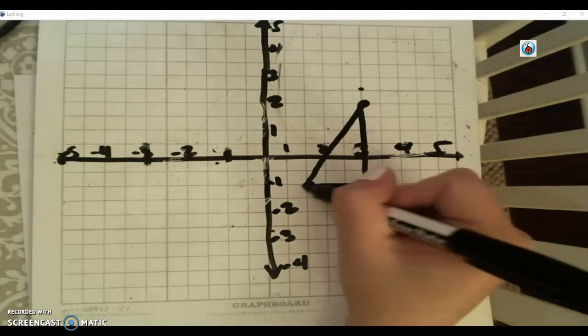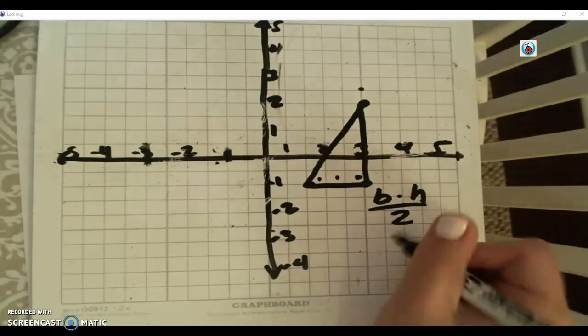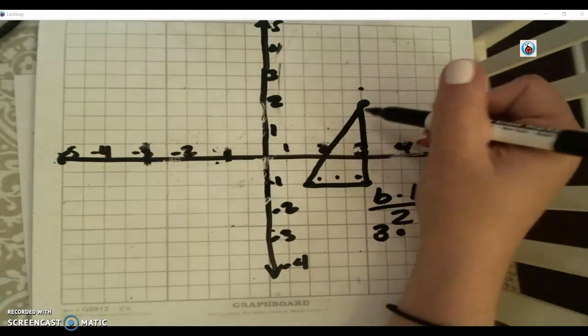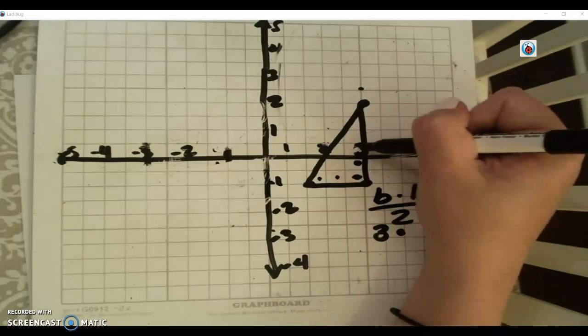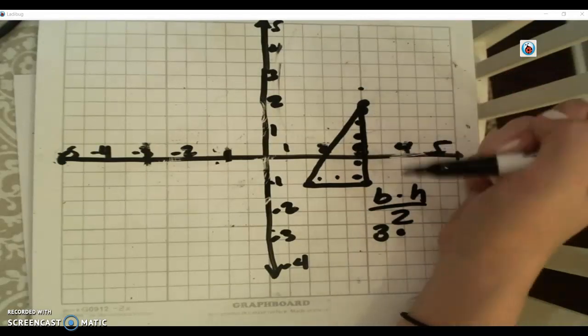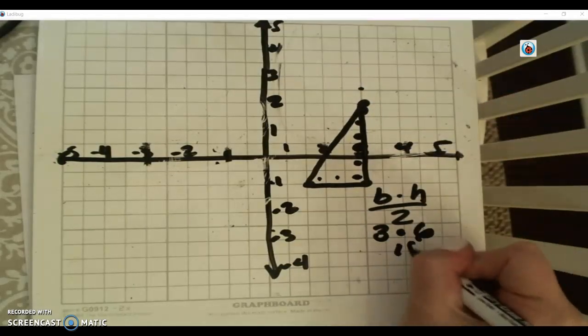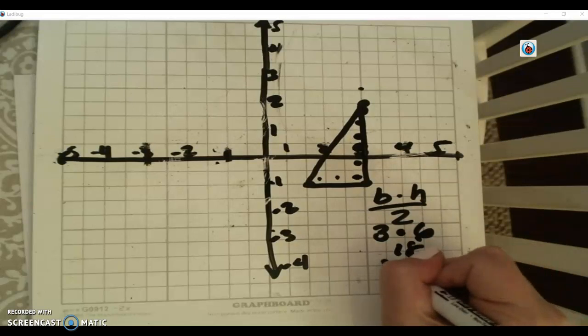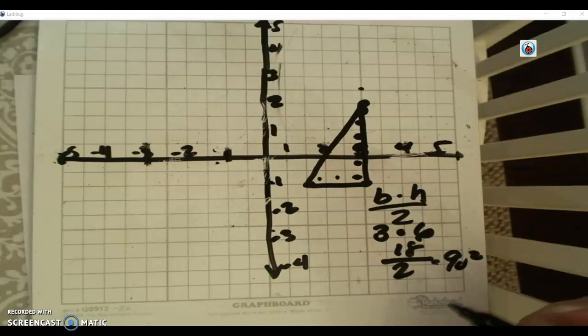So I'm going to count the whole box. 1, 2, 3. The base is 3. All the way up to the top. Okay, so 1, 2, 3, 4, 5, 6. All the way to the top, okay? 6, so 18, but because it's a triangle, what do we have to do? Divide by 2, so 9 units squared.